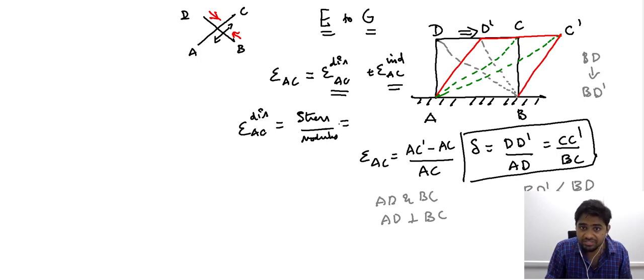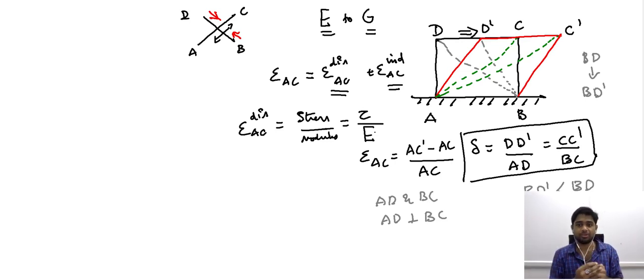The only stress we have is the shear stress, and that is what translates to the tensile stress along AC, and the modulus is the Young's modulus, because we have a distortion along the lengthwise direction. So there is an increase in the length of AC, so the corresponding modulus is the Young's modulus.